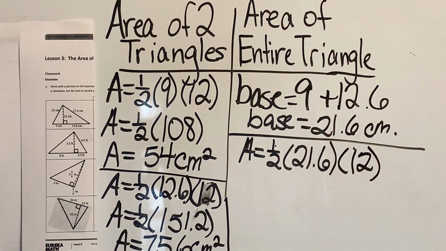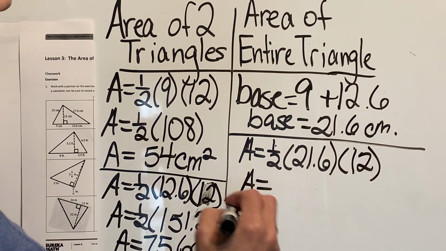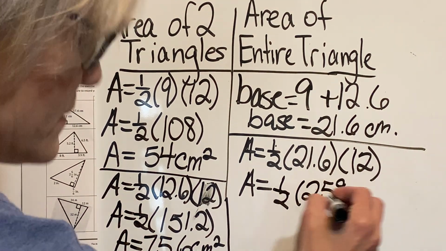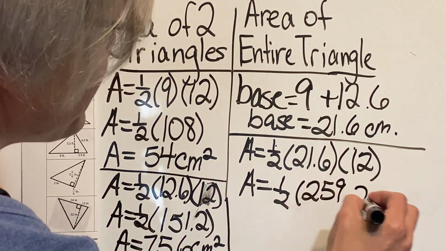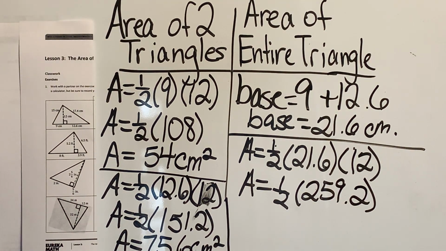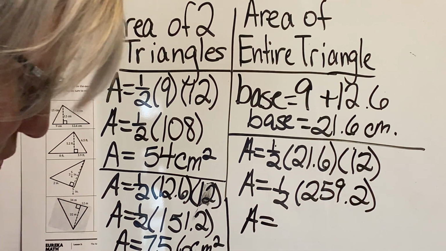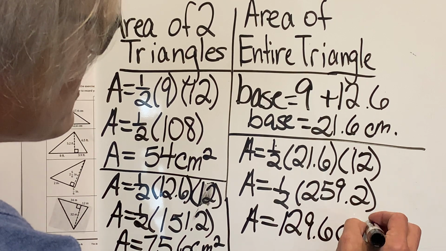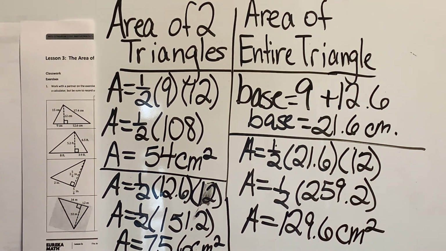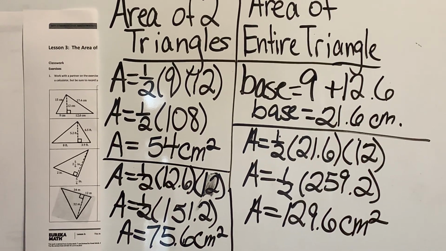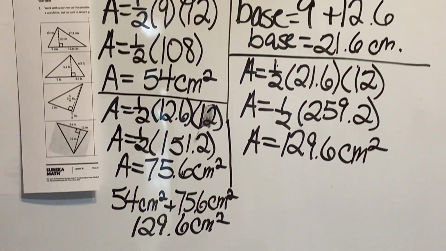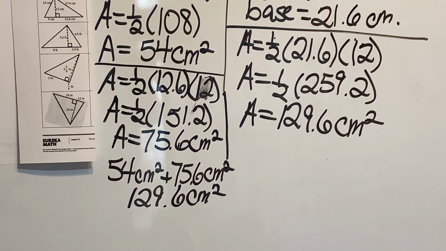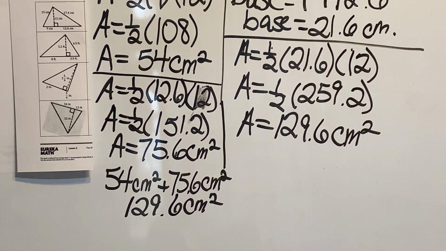All right, so the area then would be half of 259.2, and half of 259.2 would be 129.6 centimeters squared, which you'll notice is the same as the total area we got when we did the two triangles. Maybe there's more than one way to figure this after all.